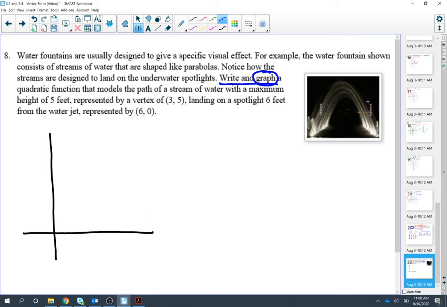It says a maximum height of 5 feet represented by a vertex of 3, 5. So this is 2, this is 4, this is 6, this is 2, this is 4, this is 6, and we've got 3, 5. 1, 2, 3, up 5. That is my vertex.